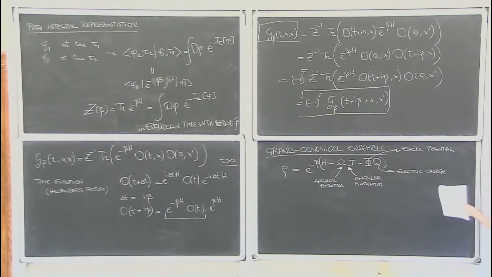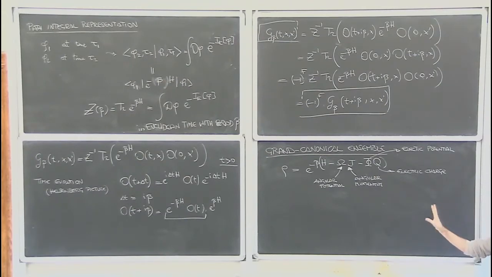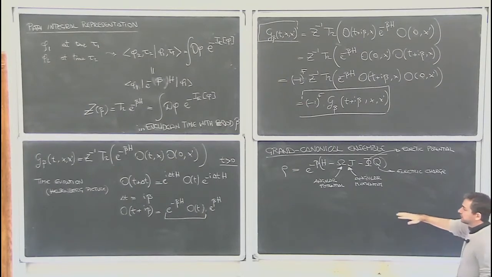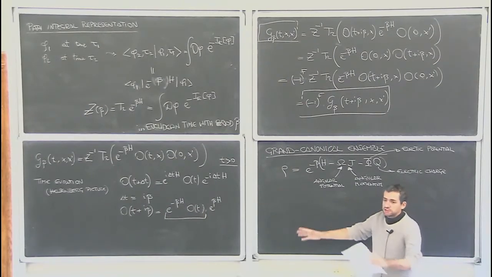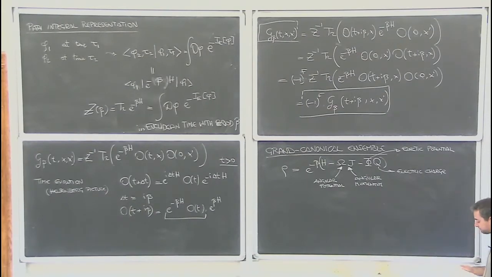We are introducing this because it will be relevant to describe our black holes that may have a mass, but also some angular momentum and some electric charge. The Kerr-Newman black hole carries all these conserved charges. But so far there's no black hole. It's just QFT in a fixed background. I'm even considering a flat background, but you can also assume it is curved. The only important thing is that there is periodicity in time.